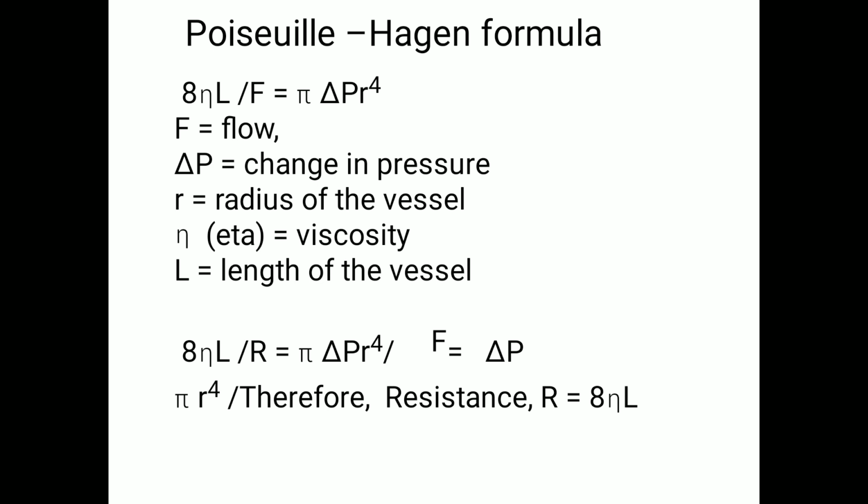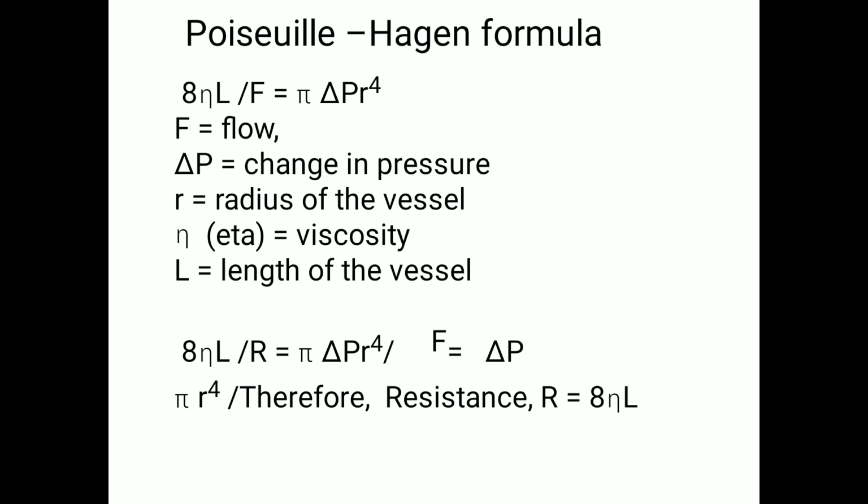The Poiseuille-Huygens formula explains the relationship between the flow of fluid in a long narrow tube, the radius, and the viscosity. So it is basically a relationship among three parameters: flow, radius, and viscosity.